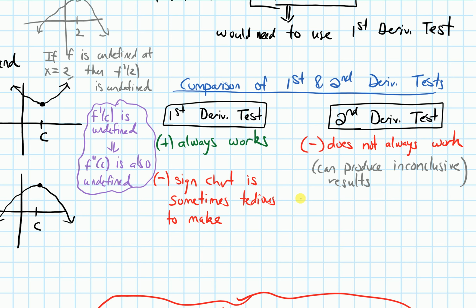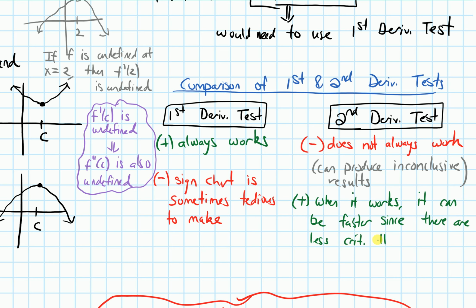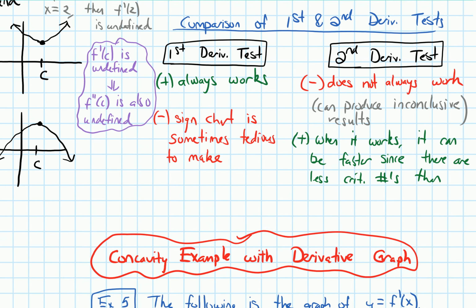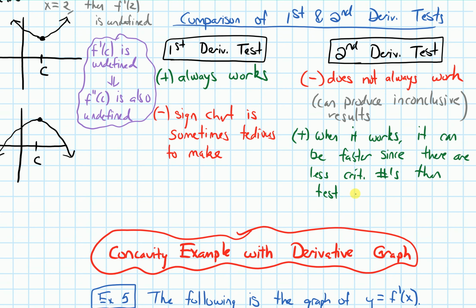With the second derivative test, one of the key positives is that when it works, so when it doesn't produce an inconclusive result, it can be faster, since there are fewer critical numbers than test points.